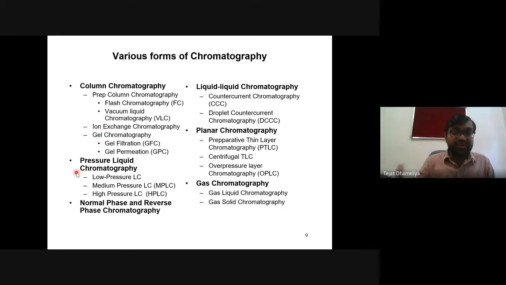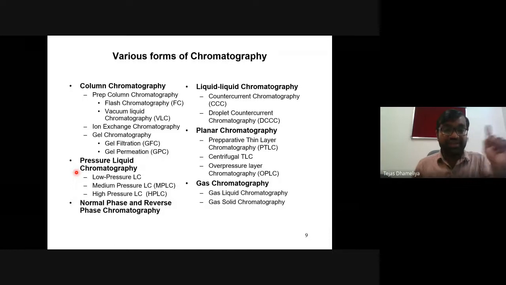Then pressure liquid chromatography. So depending upon the level of the pressure, the magnitude of the pressure, pressure liquid chromatography is classified: low pressure chromatography, medium low pressure, medium pressure or high pressure chromatography. Another kind of chromatography is called normal phase chromatography and reverse phase chromatography. So these are the two types of techniques where again I am going to present with the help of this whiteboard.